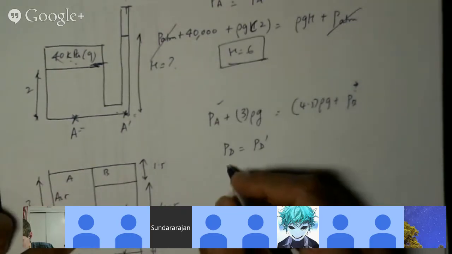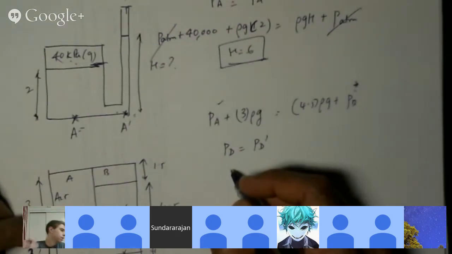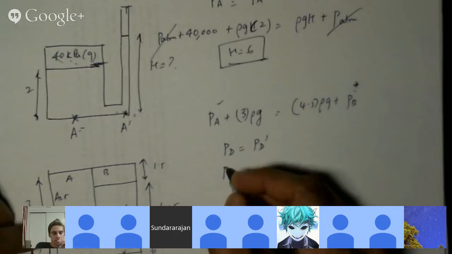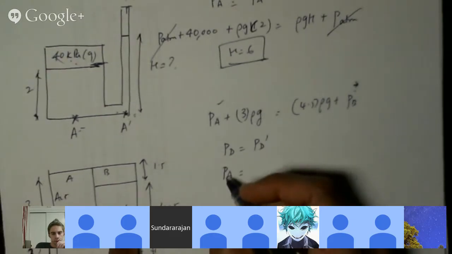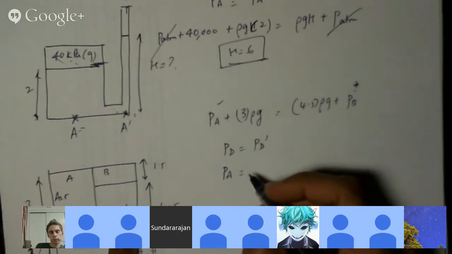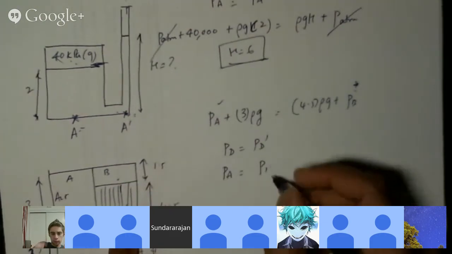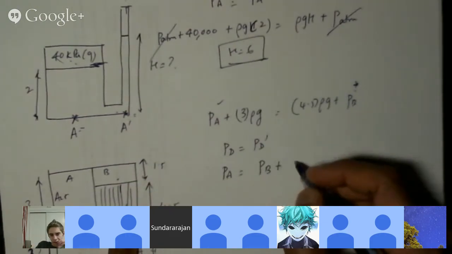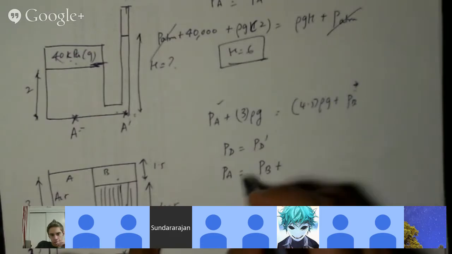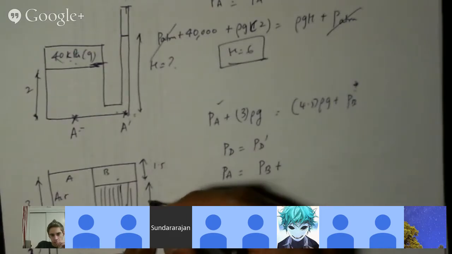What's the pressure above D? Wouldn't it just be the pressure from A, the air pressure? Yeah, that's it. Now, what is the pressure at D prime? PB, or the pressure of point B? But that is here. Plus, there is this column of water. H should be 1.5.